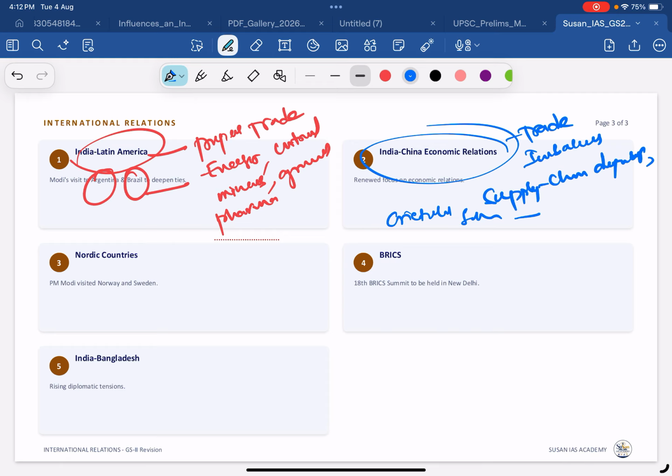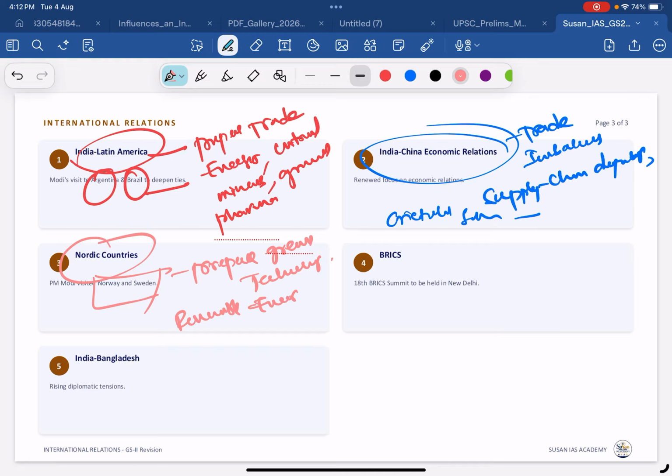Okay, and for the Nordic countries, the PM visited Norway and Sweden this year. So prepare green technology, renewable energy, Arctic interest, innovation, investment, and India-Nordic cooperation.